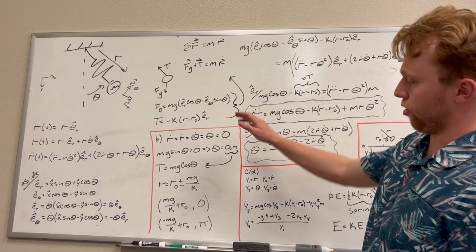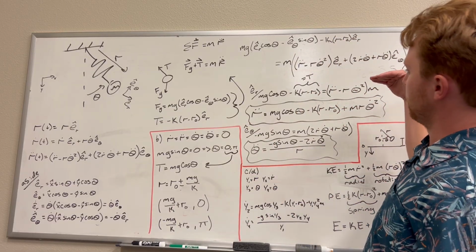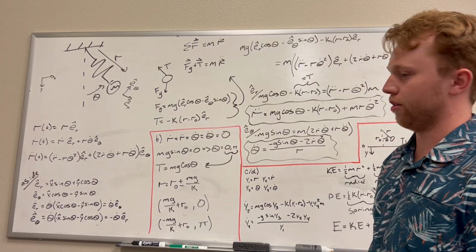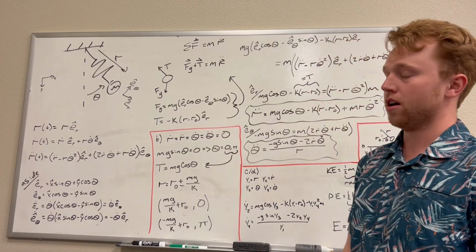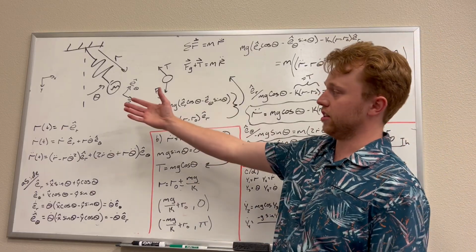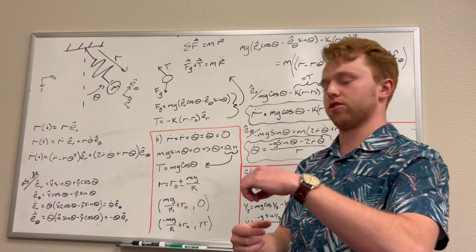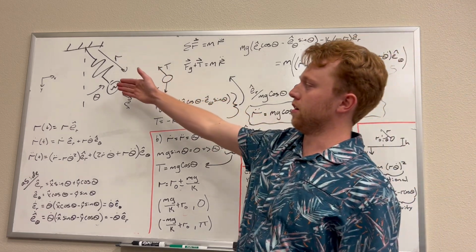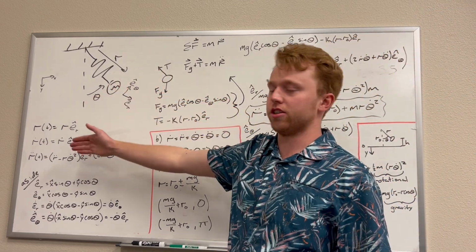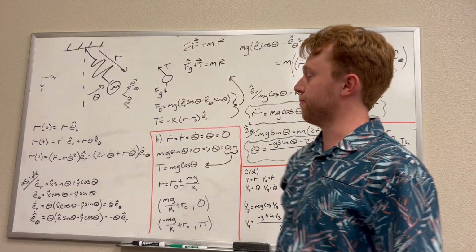Then you can plug those coordinates into this top equation to find the R value of that equilibrium point. Intuitively, it's going to be when the force of tension and the force of gravity are equal but opposite. So that's going to be a little bit of a stretch down here and a little bit of compression up top.